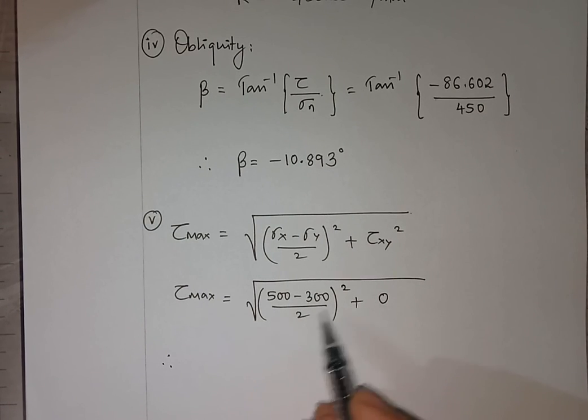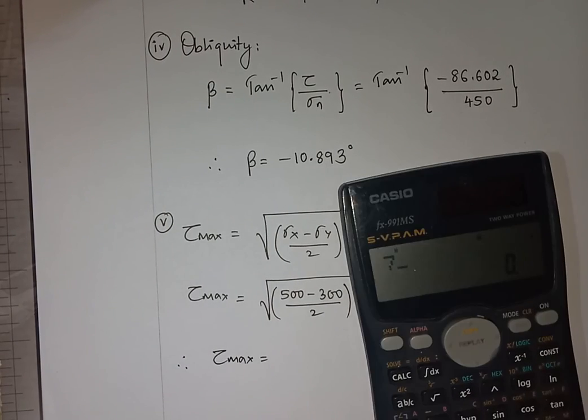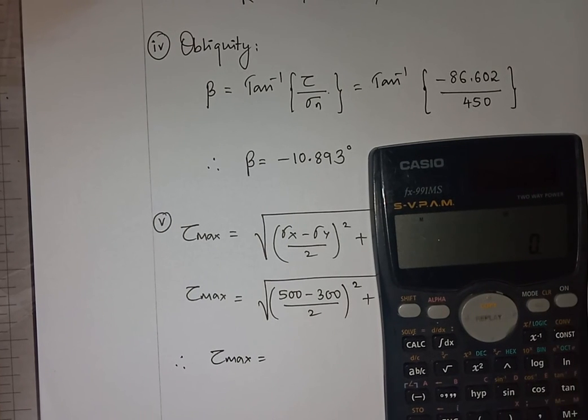Let me check what I will be getting: square root of ((500 minus 300) divided by 2) the whole square.